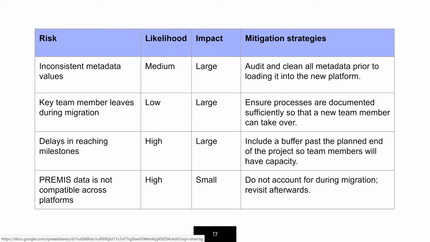But if we determine that migrating that PREMIS data from Islandora legacy to Islandora 2 was not possible or easy, it wouldn't be the end of the world. The impact would be small if we didn't do it. We could do it later on as a secondary project if we needed to, or do something else. But in the large scheme of things, even though we're talking about preservation here, the fact that we can't migrate that data from one platform to the other, the impact is small.